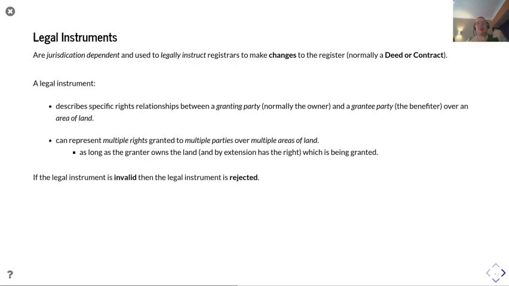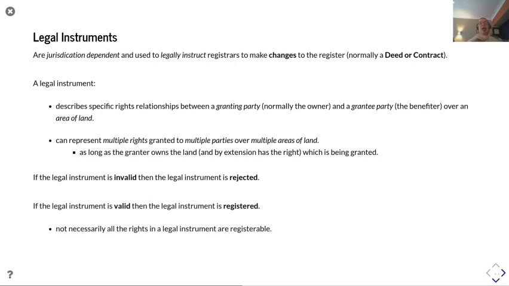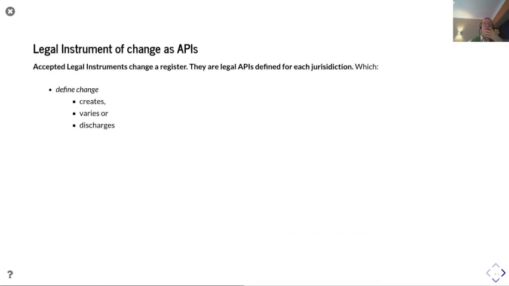If a legal instrument is invalid, then the legal instrument is rejected. If it's valid, i.e. you can't find any invalidity in it, then it must be registered. But not necessarily all the rights in a legal instrument are registrable. Legal instruments themselves can be thought of as APIs. Now, APIs are a programming element which define the relationships between a system and its back end.